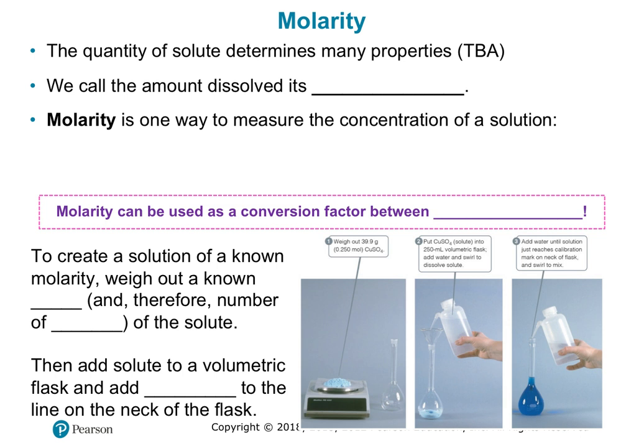This is important because the amount of solute in a solution determines a lot of the properties, which we're going to focus on in chapter 13. We call the amount of substance dissolved the concentration.